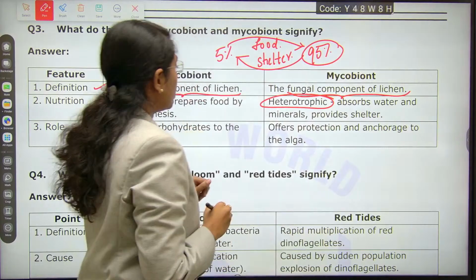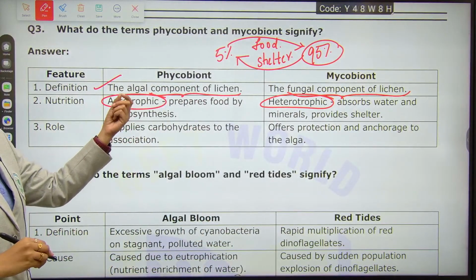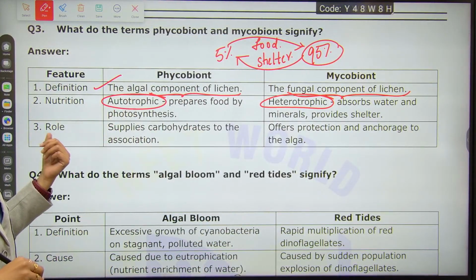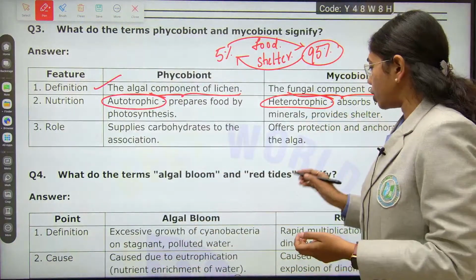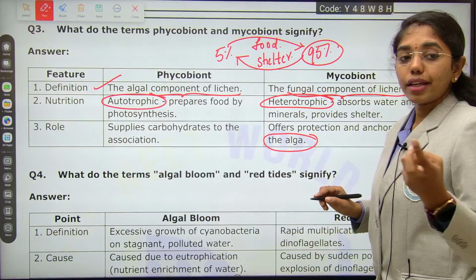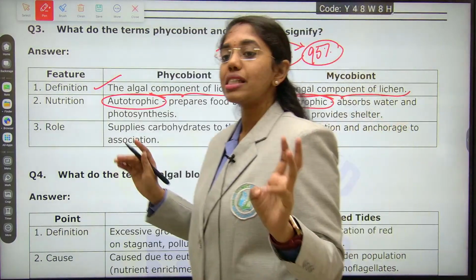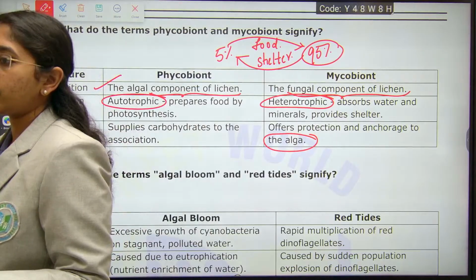So this supplies carbohydrates to the association and this offers both protection and anchorage to the algae. 2 to 3 accurate points are enough for answering a VSAQ perfectly.